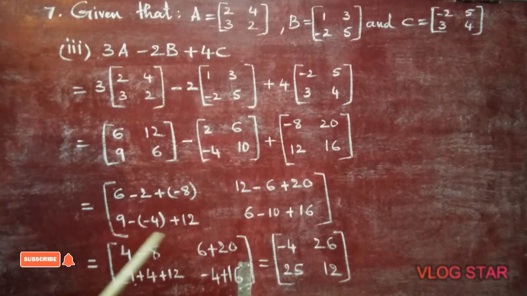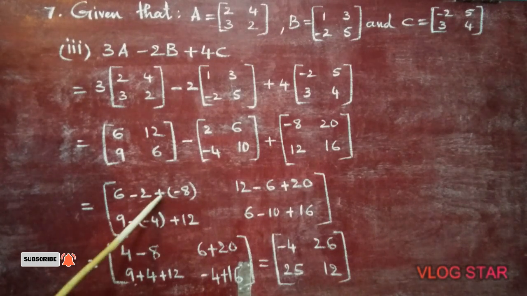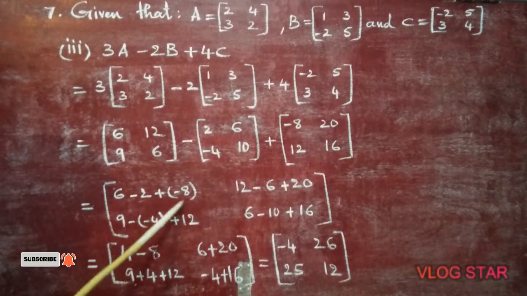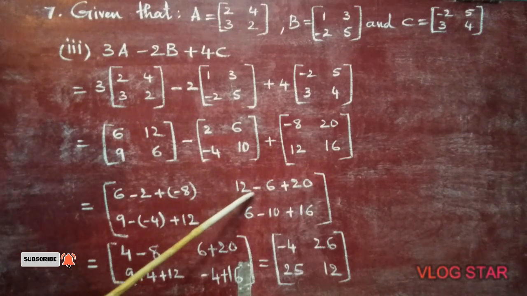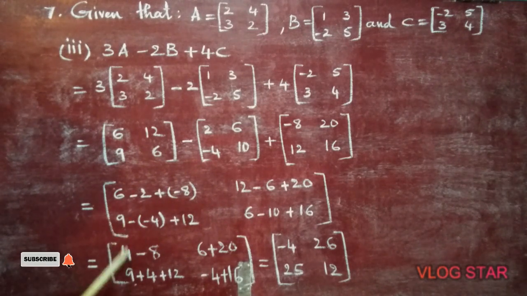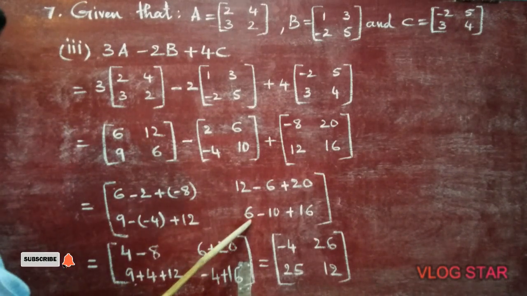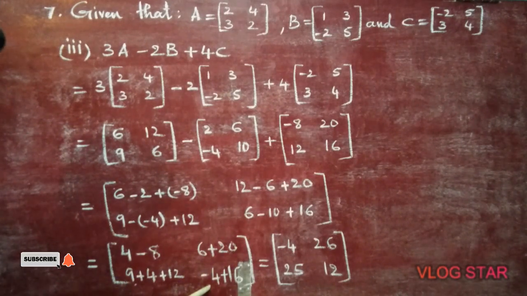Now simplify. 6 minus 2 is 4, plus into minus 8. 12 minus 6 is 6, plus 20. Now 9 minus into minus plus 4 plus 12. 6 minus 10 is minus 4 plus 16.